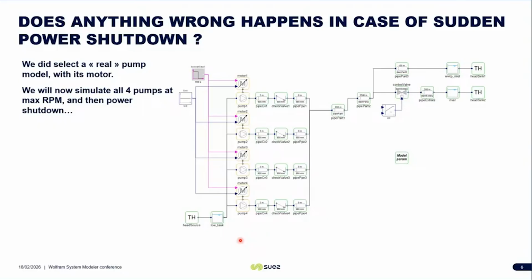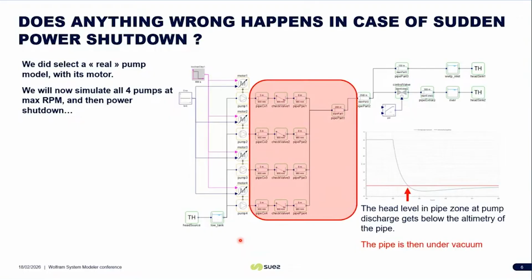But we do include pump inertia, motor inertia, behavior. Well, the pump at a given moment becomes a dissipative element after shutdown. The results, well, we can see it on the screen.